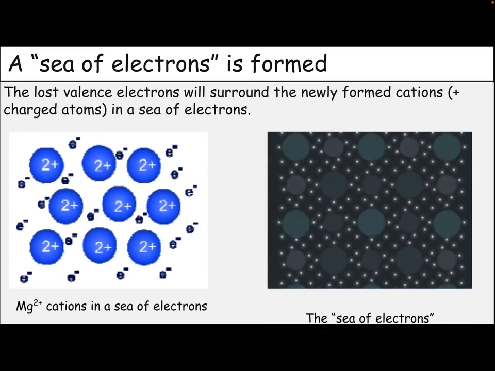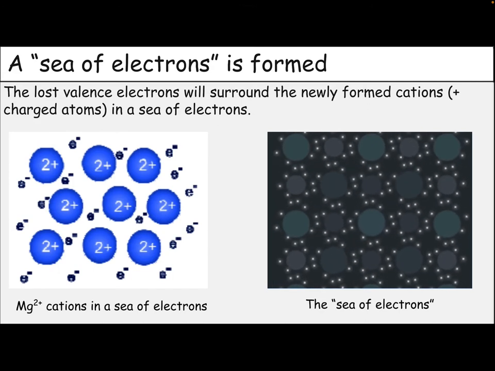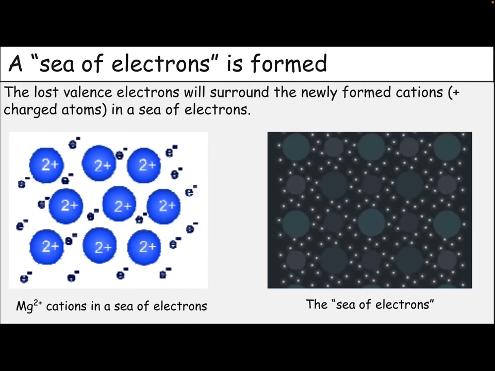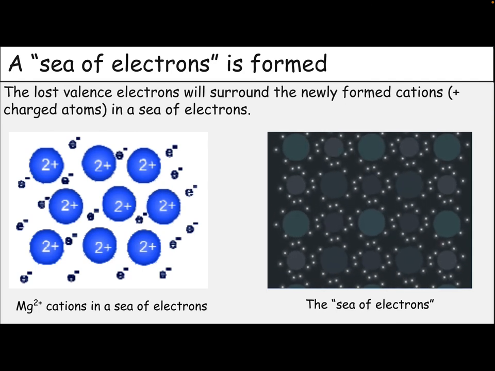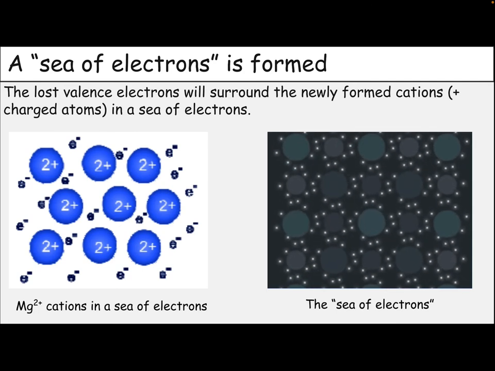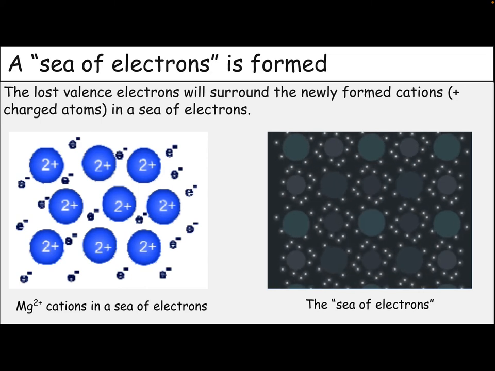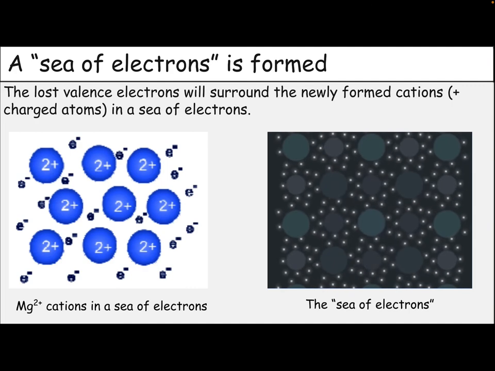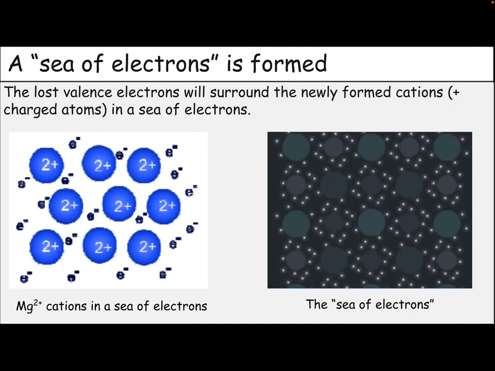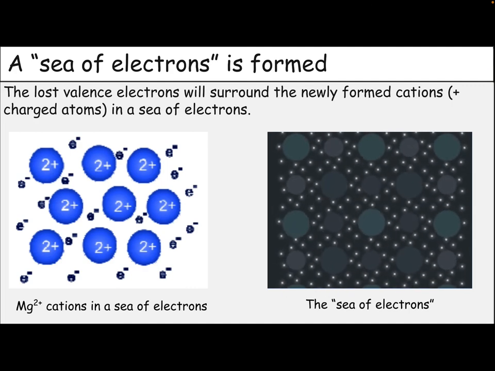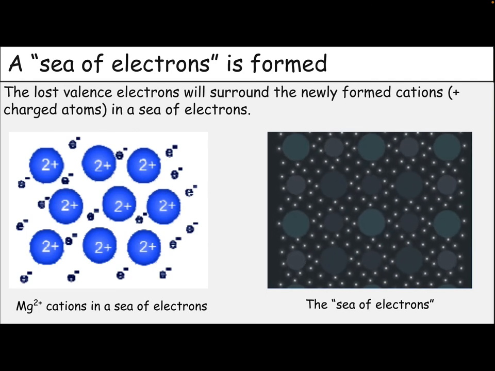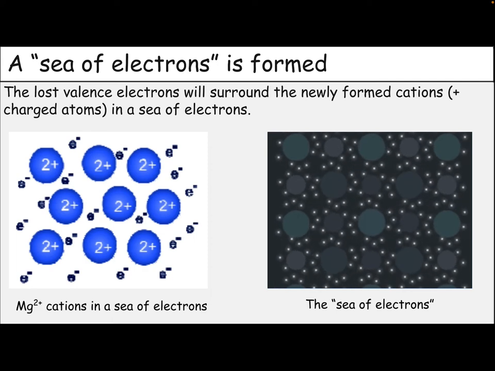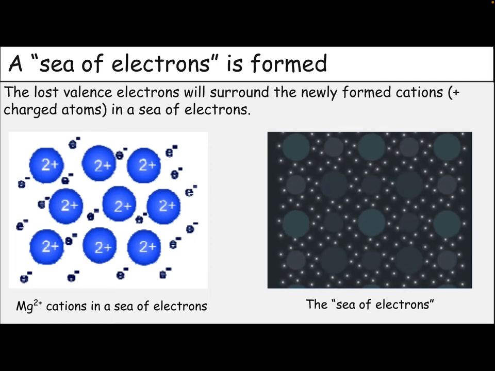So if we look at the right-hand side, this is kind of a visual, animated representation of the sea of electrons. So you see the magnesium cations, and you also see these electrons kind of floating around, okay? That's what we mean when we call this the sea of electrons. And the sea of electrons is very important to metallic bonding because it also explains the numerous unique properties that metals have.